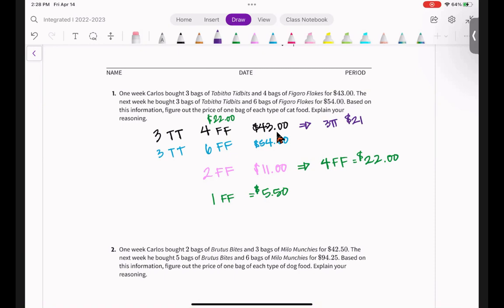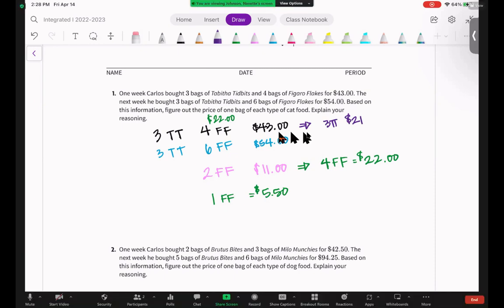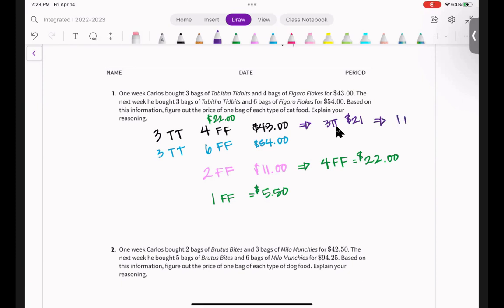So 3 Tabitha tidbits would be $21. Miss Johnson, how did you get that? Well, if four Figaro flakes cost $22, of the $43, the remaining $21 is the Tabitha tidbits, right? So what does that imply? Well, that implies that one Tabitha tidbit costs $7.